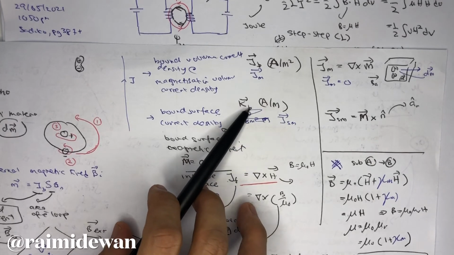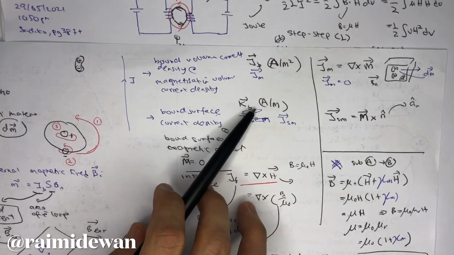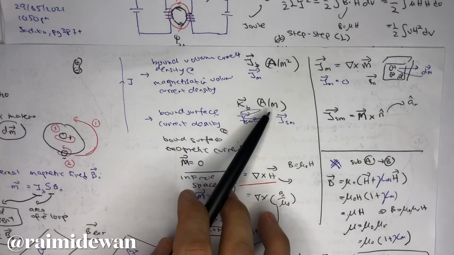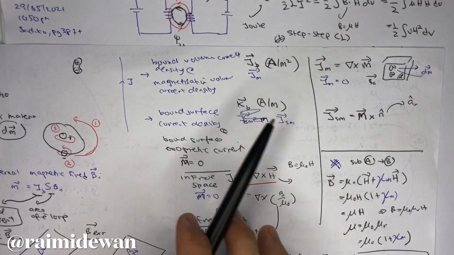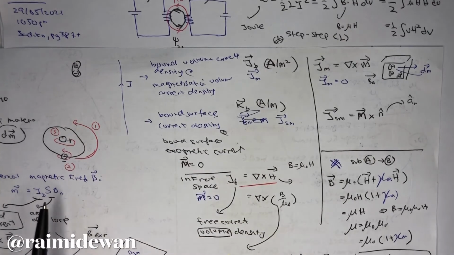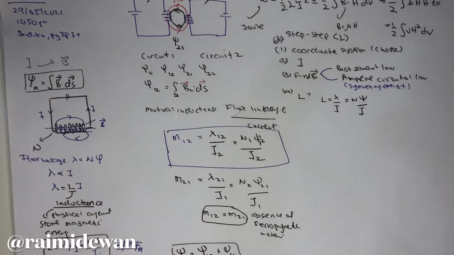But if I'm not mistaken, the slide is using KB, but it still refers to bound surface current density, or you can call it bound surface magnetic current, okay? As long as we know that it's a bound surface, you can use KB or JSM, okay? I hope that you guys don't get confused.